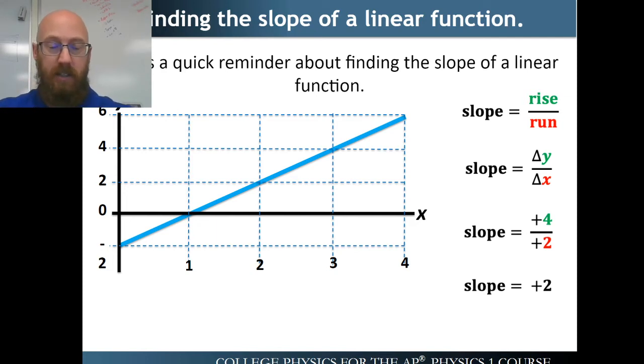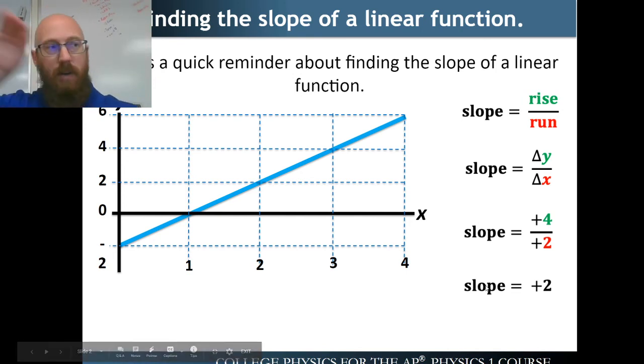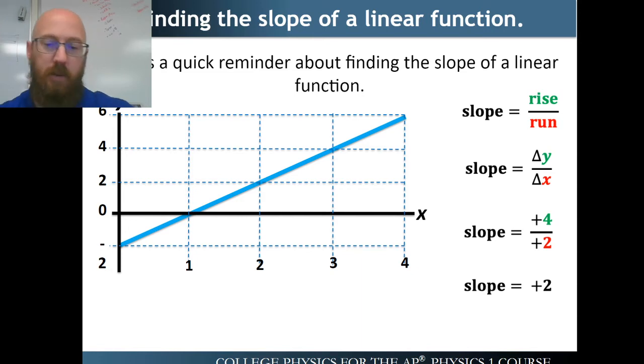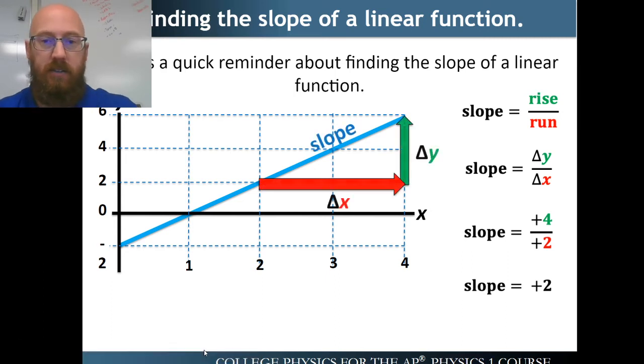On the y-axis, I went from 0 up to 4. That's my change in y. On the x-axis, I went from 1 to 3, so I went over 2. And then the slope is positive 2. Positive 2 should automatically clue your brain into it's going up. Hopefully that is very simple. Hopefully you can do the lab quickly. You've got it.